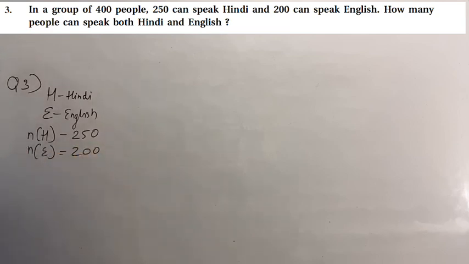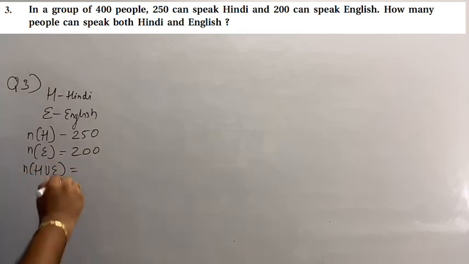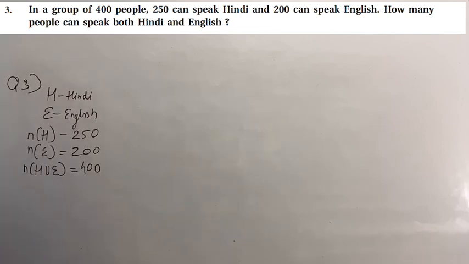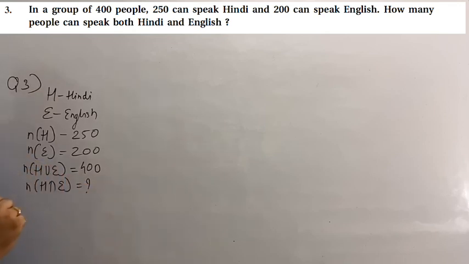And how many total? Total means H union E, and that is equal to 400. Now you have to find out how many people speak both the languages. That means speak Hindi and English, or intersection. Okay?